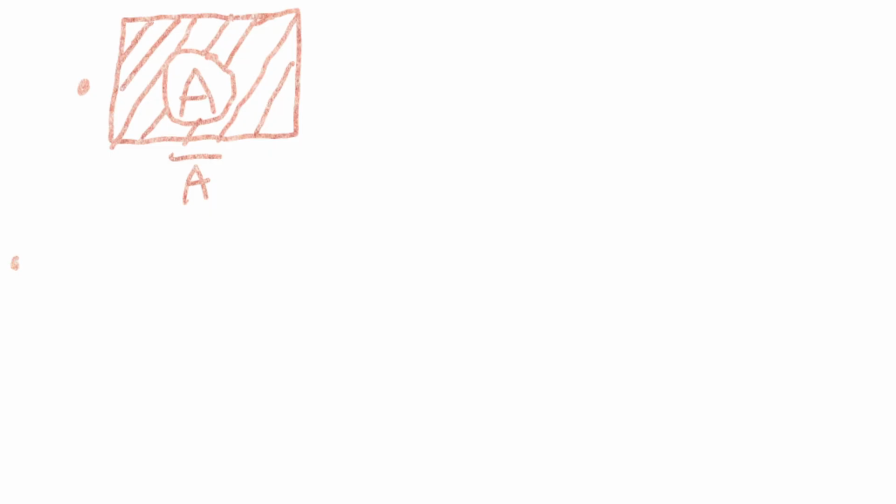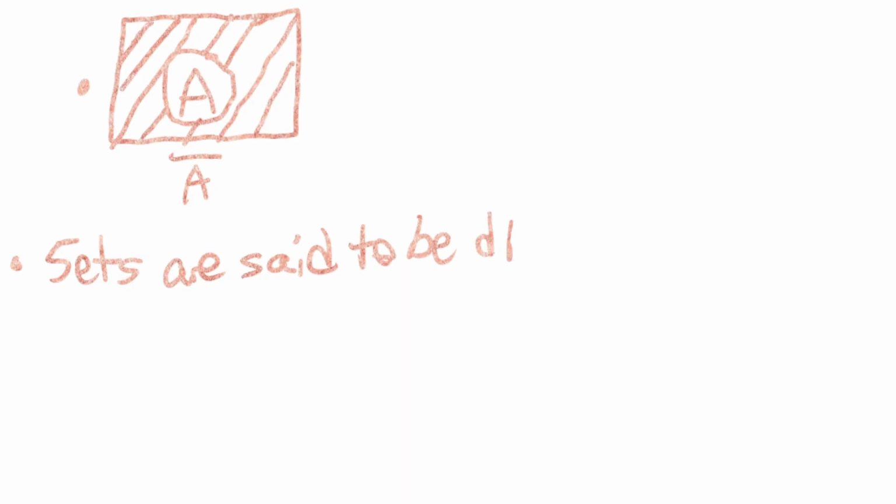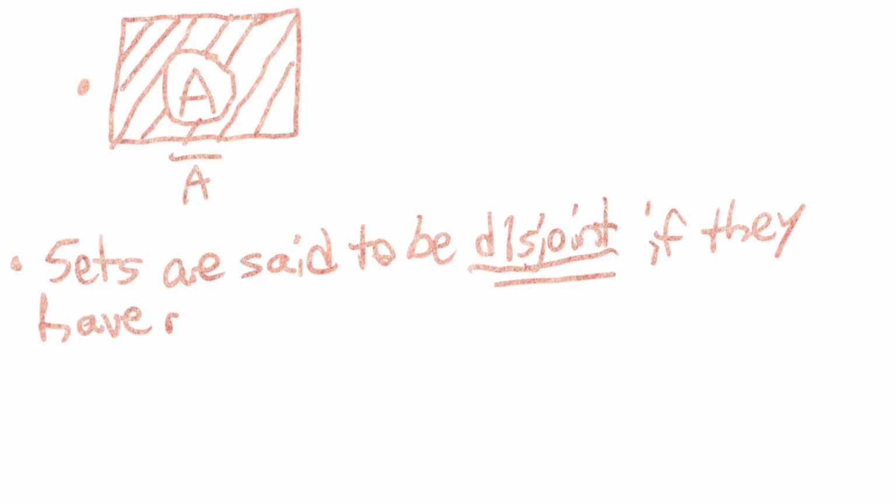Another note about set operations is sets are said to be disjoint if they have no elements in common.